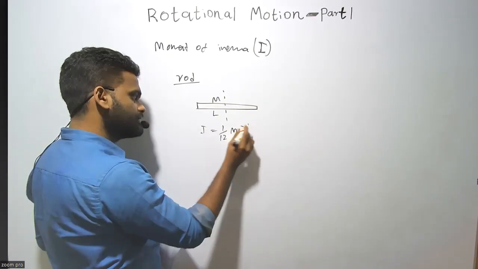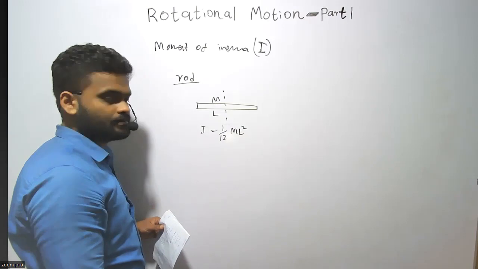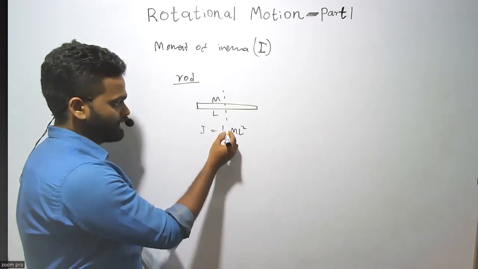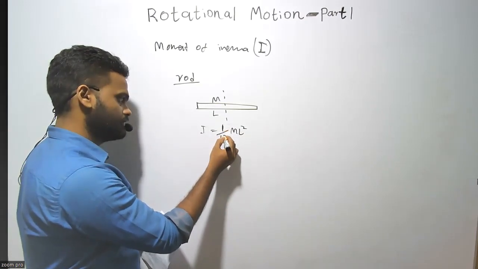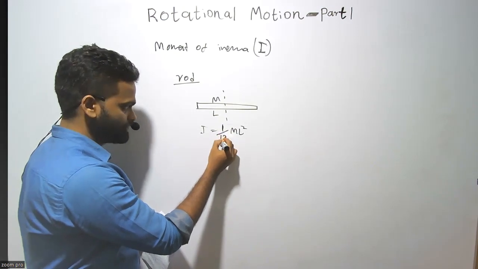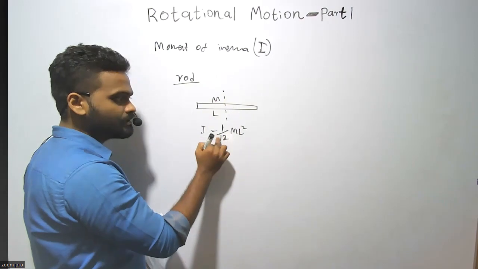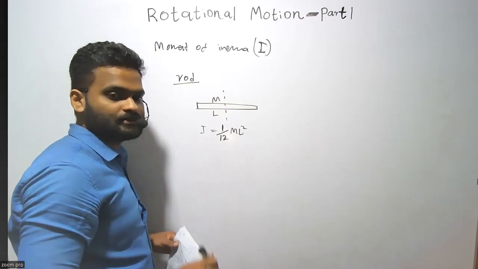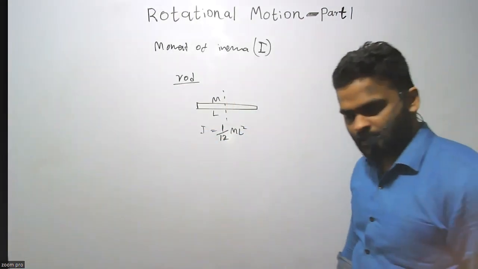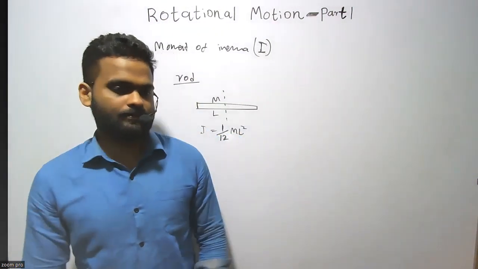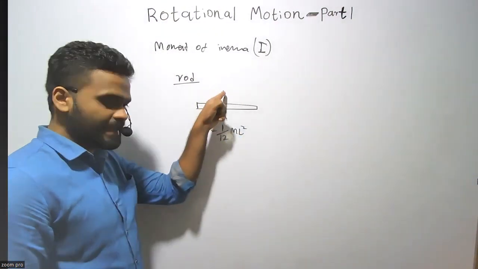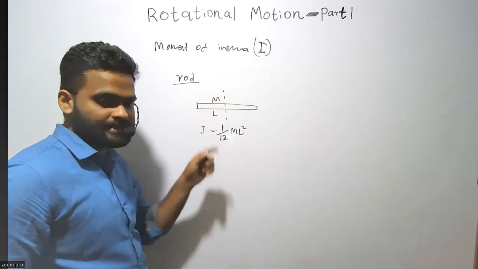This is the moment of inertia of the rod. We cannot actually calculate this without integration, but you just have to remember the equation. So the moment of inertia around this axis is 1/12 ML squared. Take it down. So that is the moment of inertia around the center, the axis going through the center.